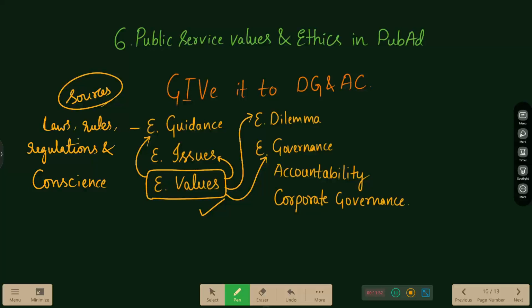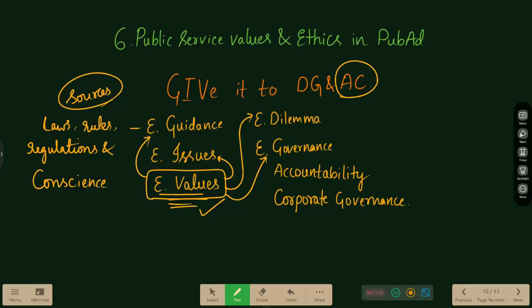In all aspects, if you strengthen these ethical values, it will help you in one way or the other. So these are the keywords you need to remember: ethical guidance, ethical issues, ethical values, ethical dilemma, ethical governance, then accountability and corporate governance.